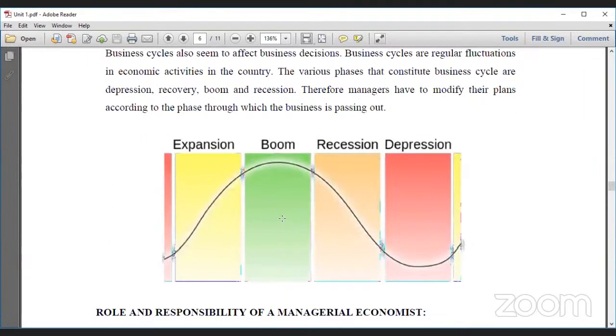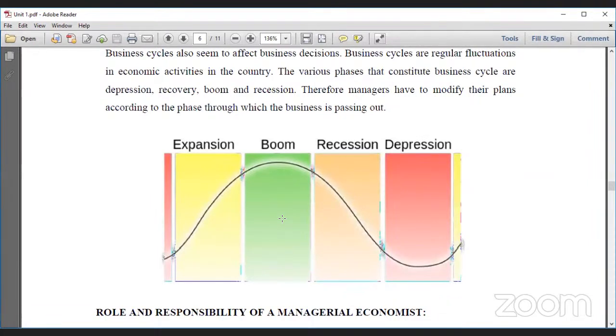Then the business cycle, one of the most important factors which influence not only individual business decisions, but also the economy as a whole, or in a global sense also. There is expansion, boom, recession or depression.